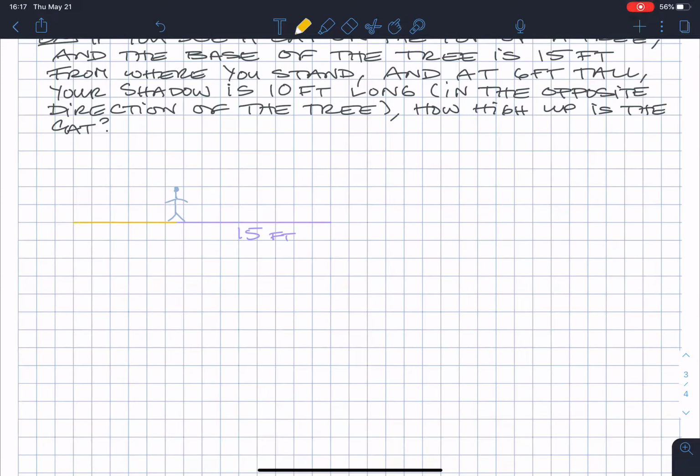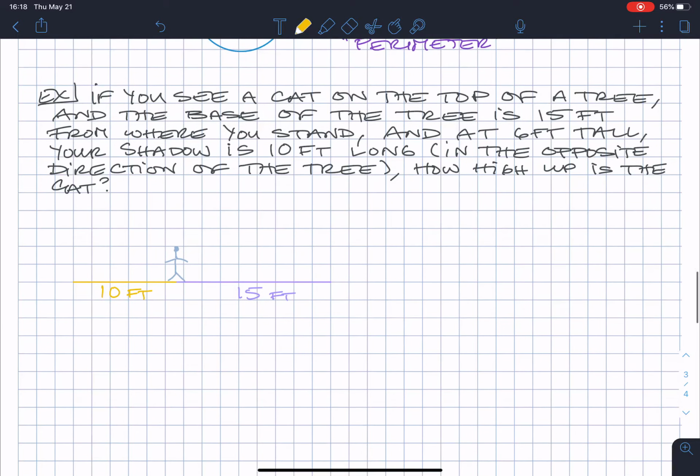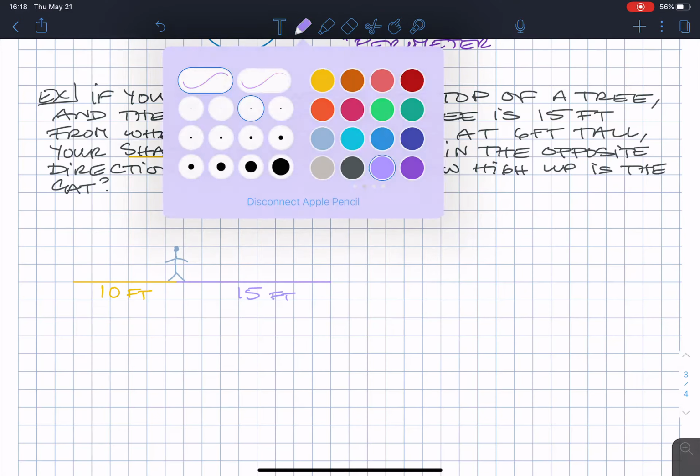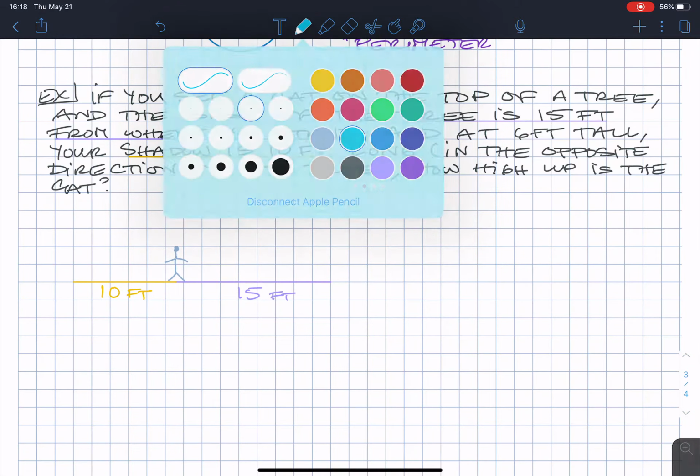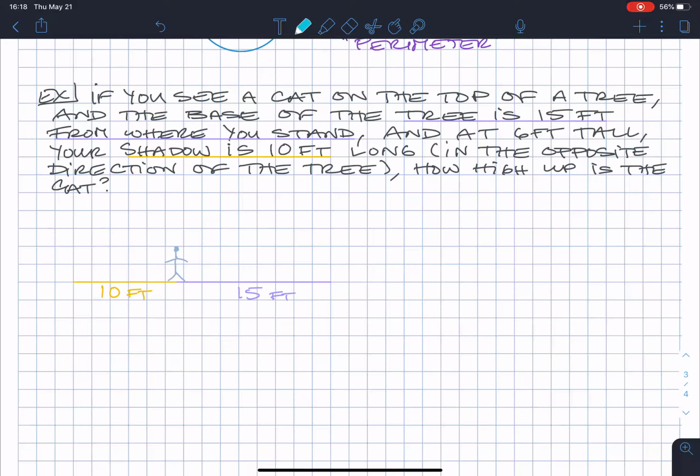What else do I know? I know that the tree is 15 feet from where I stand. And I know that I am 6 feet tall. So this is 6 feet here.